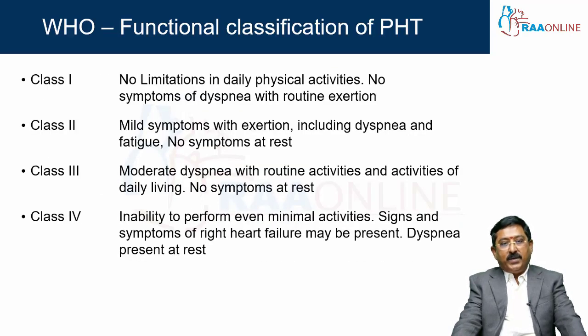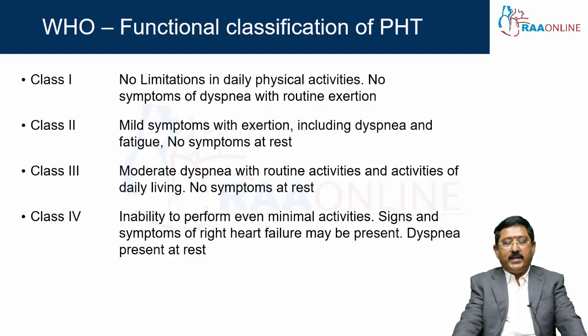Another classification is the most important classification; according to this, the patient is managed. This is the WHO functional classification of pulmonary hypertension. Class 1: no limitation in daily physical activity, no symptoms of dyspnea with routine exertion. Class 2: mild symptoms with exertion, including dyspnea and fatigue, no symptoms at rest.